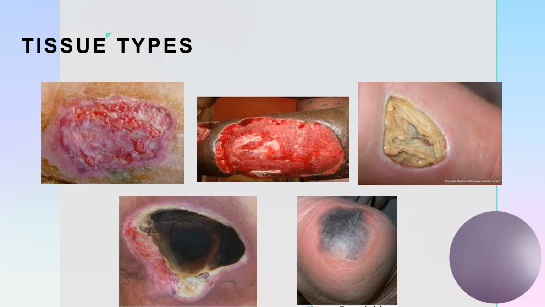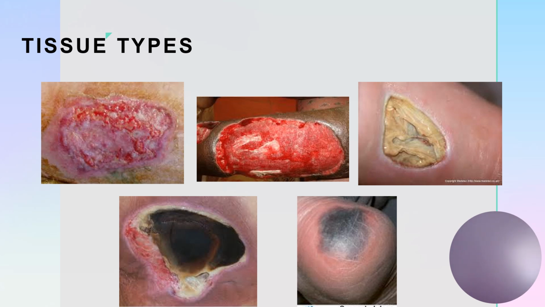And then from 5 to 6 o'clock, we have maybe 5% slough. And then between 6 o'clock and 9 o'clock, we have maybe 10% epithelial tissue. So again, if I were to document it that way, you should be able to get a pretty good picture of what the wound bed actually looks like.